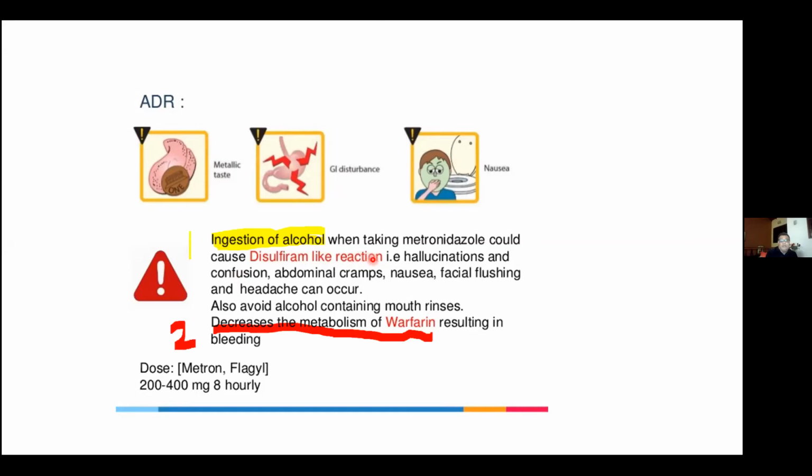That is very unpleasant, with a range of signs and symptoms like abdominal cramps, headache, nausea, vomiting, and facial flushing. Disulfiram is a drug used in chronic alcoholism to stop alcohol intake. When you take alcohol while on disulfiram, you get this reaction. Even with metronidazole, if you take alcohol you get a similar kind of reaction.